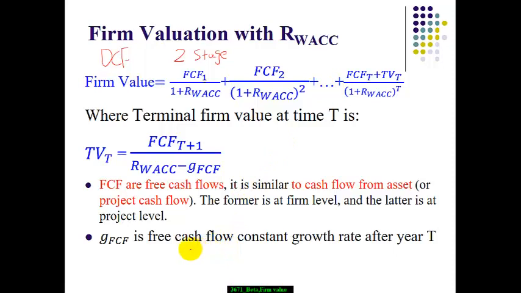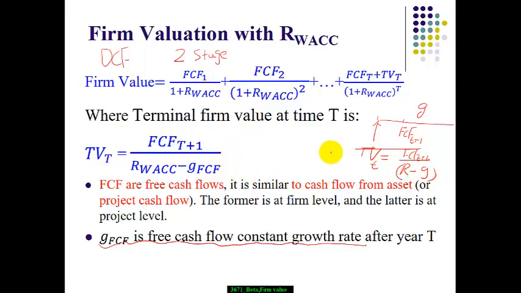After stage 1, in stage 2, the company is going to continue to grow its free cash flow at a rate of G. So we simply use discounted cash flow to find the present value of each free cash flow. For stage 2, we first have to find the terminal value. The terminal value at time t is the free cash flow at t plus 1, divided by WACC minus G.